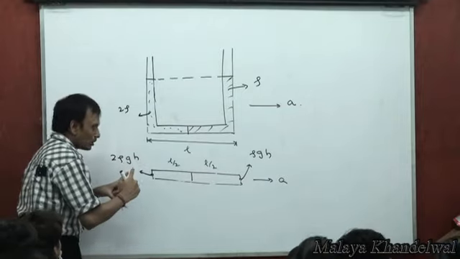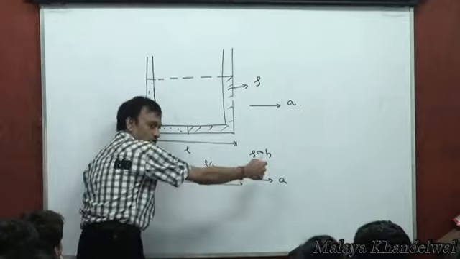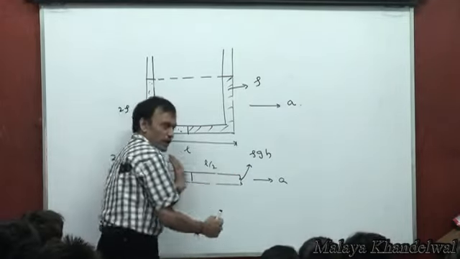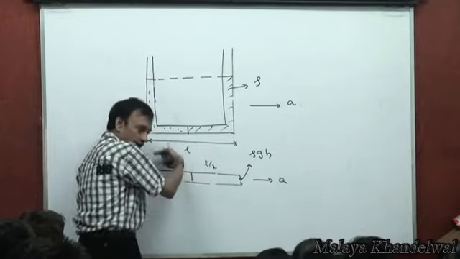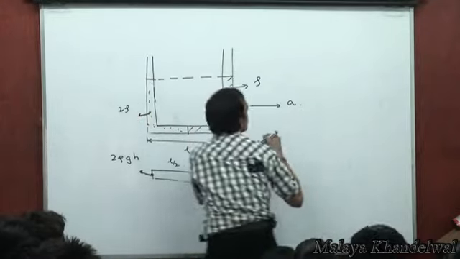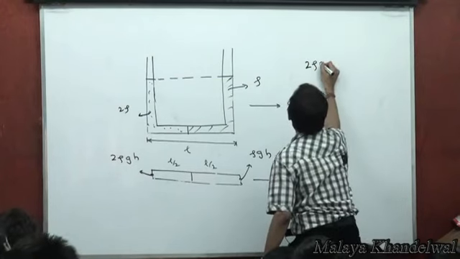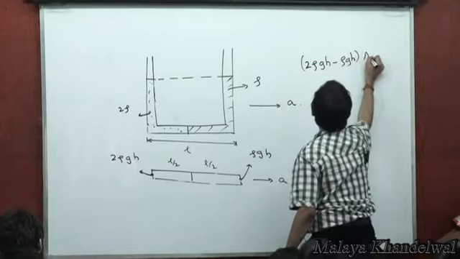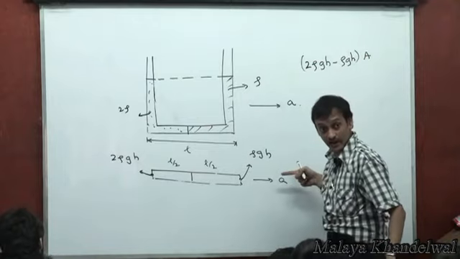The net force acting to the right is difference in pressures into area of cross section A of this lower tube. So difference in pressures 2 rho GH minus rho GH into A. That's the net force acting to the right.